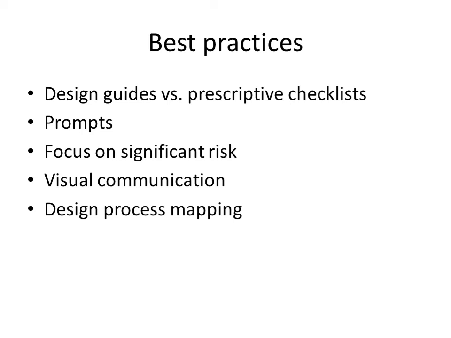The focus of designers was on significant risks, which was not necessarily the greatest risk, but those including health and safety risks that were not likely to be obvious to a competent contractor or other designers. Clear and precise visual communication techniques were preferred, including color coding or simplified symbols. It was also identified that it would be helpful to develop design process maps.